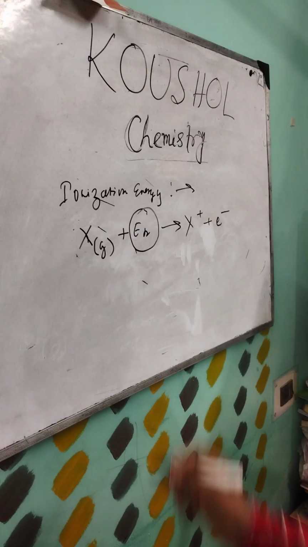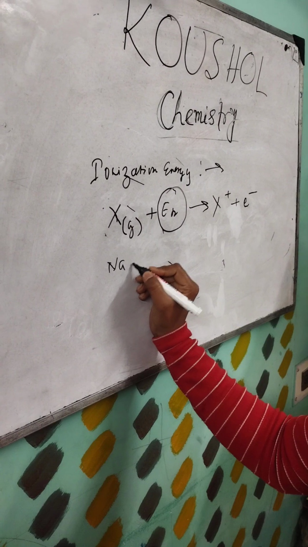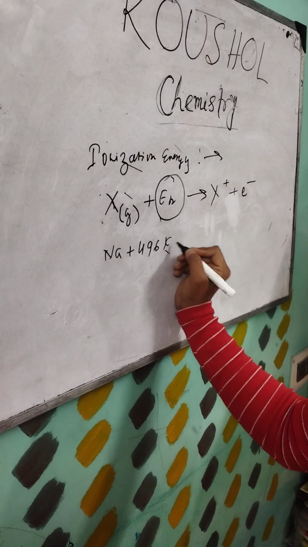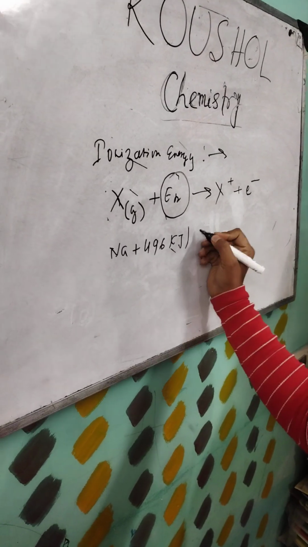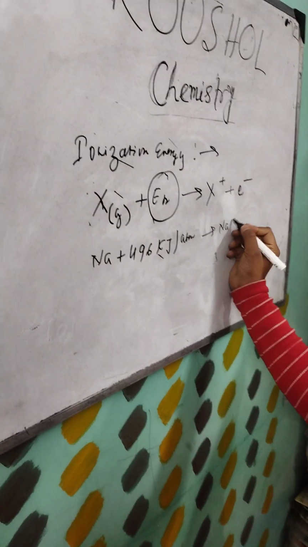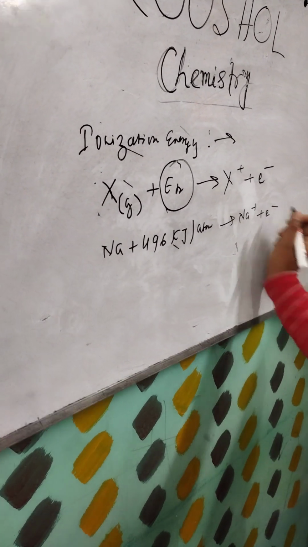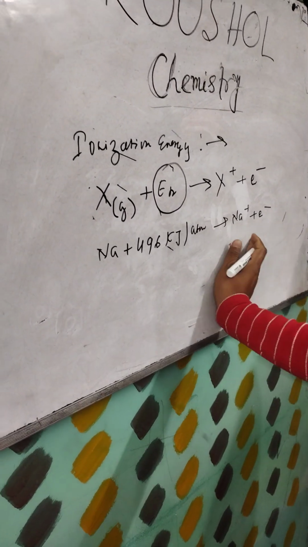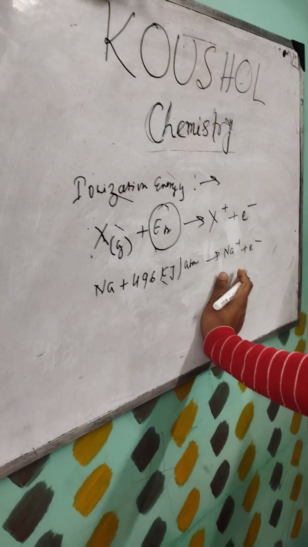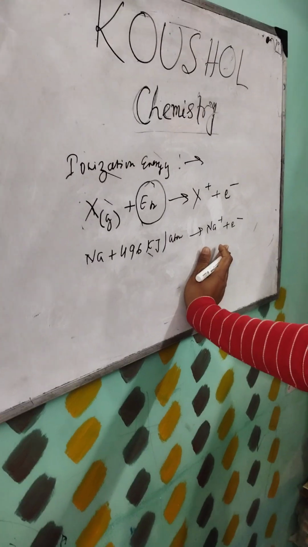Let's see again, the ionization energy of sodium is 496 kilojoule per atom, forming Na plus as one valence electron is liberated. So 496 kilojoule of energy is provided to remove a valence electron from the sodium atom.